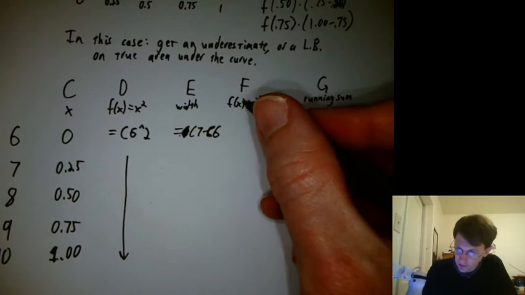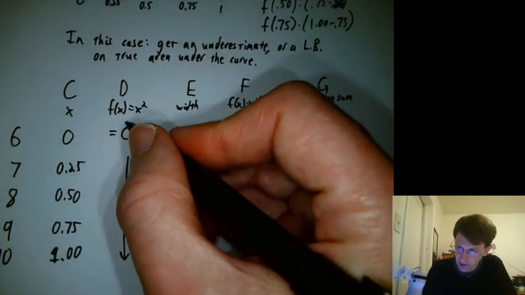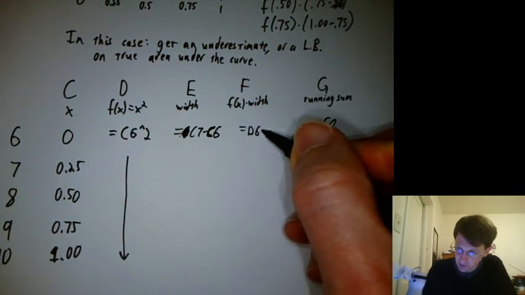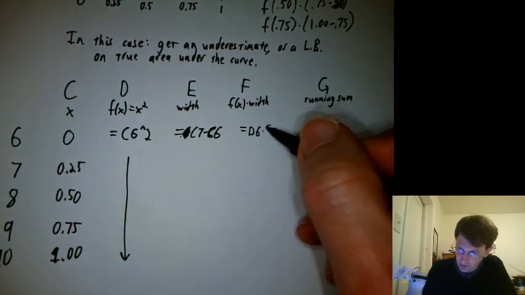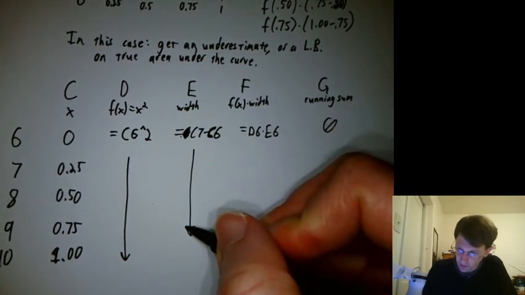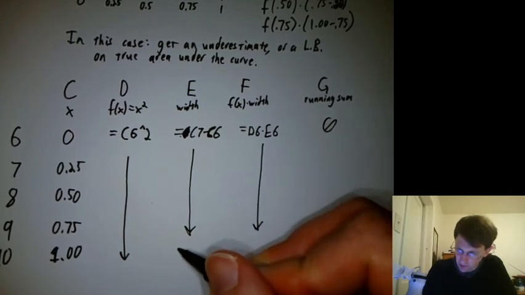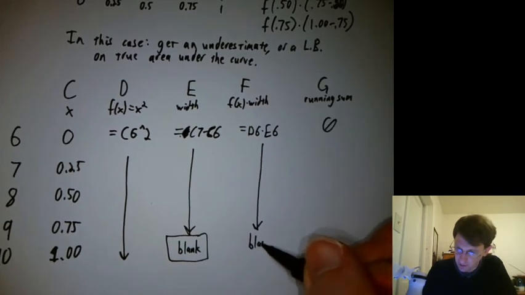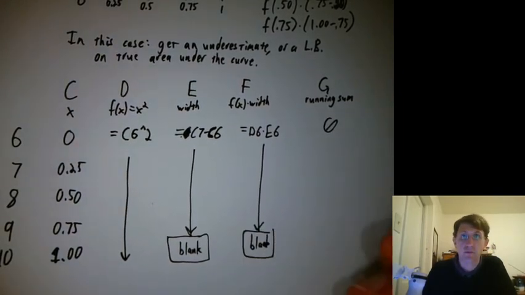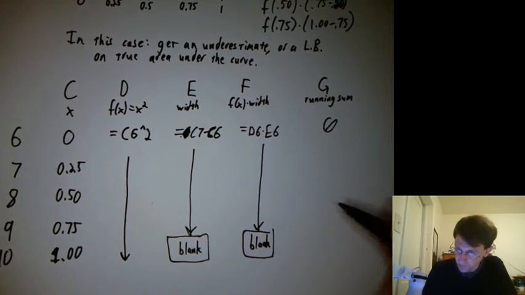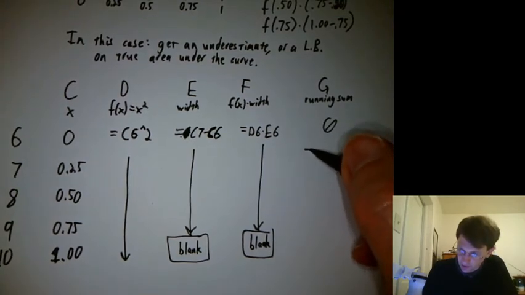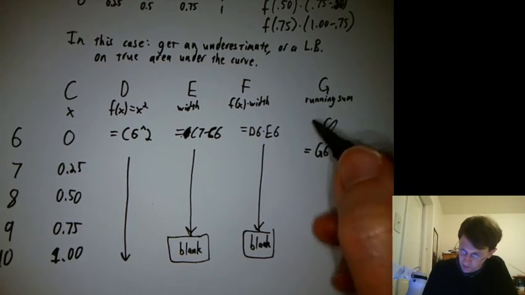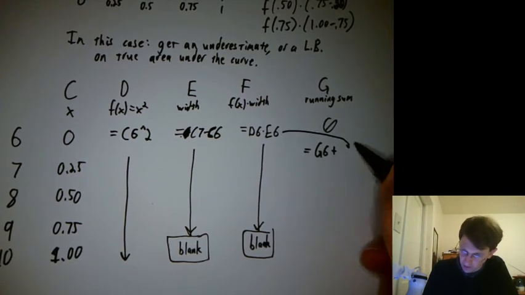And then this f of x times the width, we do d6 times e6. We'd fill those down, except we'd have a blank at the end instead of at the beginning. And the running sum, we'd say g6 plus this value here, which is f6.